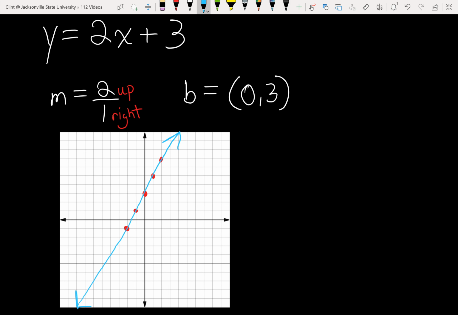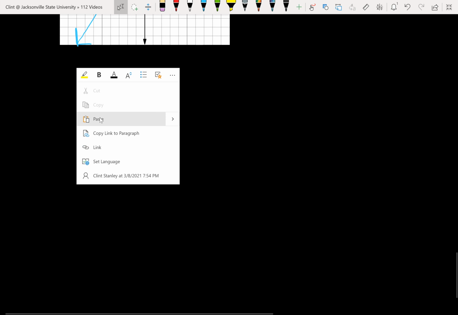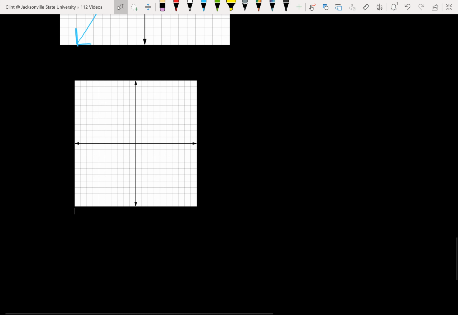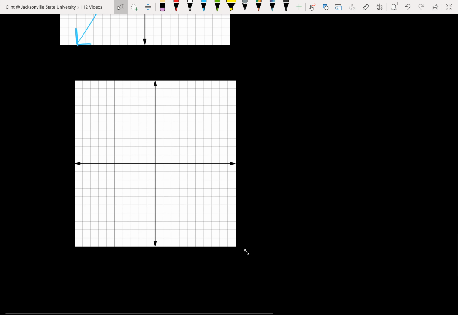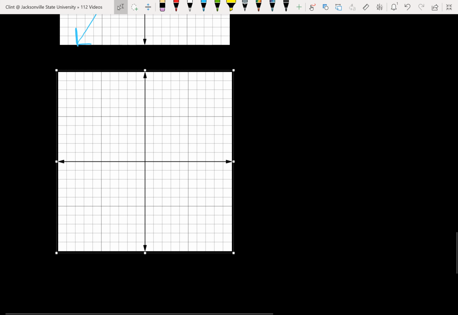Okay. You can also use this idea in reverse. Okay. So let's see. Let's make us one. We'll make a problem up here. Okay, so we're going to graph a line, and then we're going to figure out the equation. Okay.